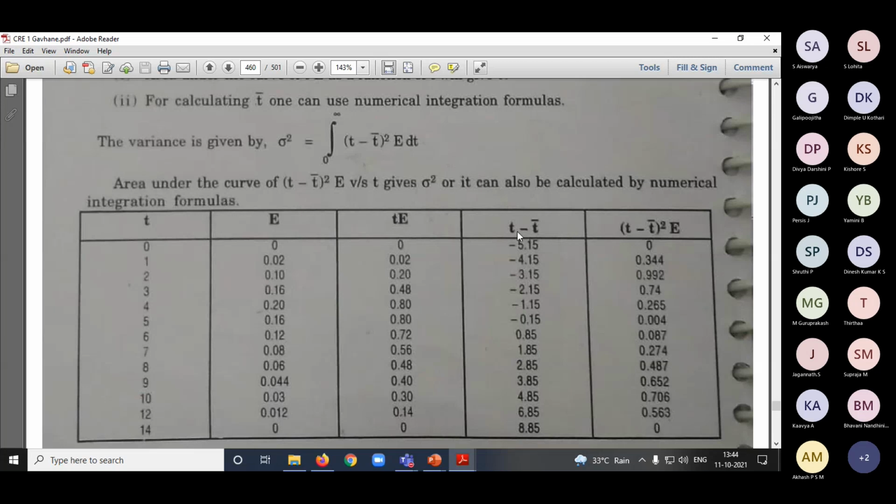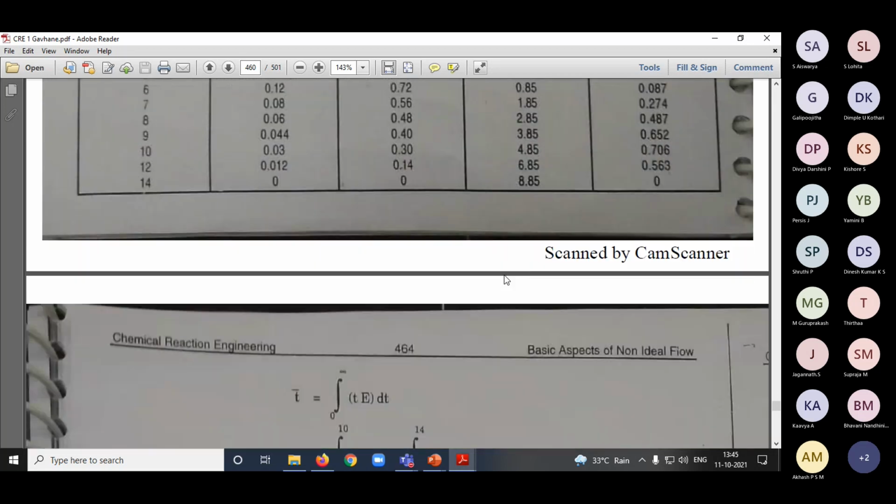T minus t bar, you already calculated t bar. This gives some negatives, some positives. Then (t - t bar) whole square into E. This is what you want. So you calculate. The sum of this is nothing but this integral. Am I right? So you can do that.